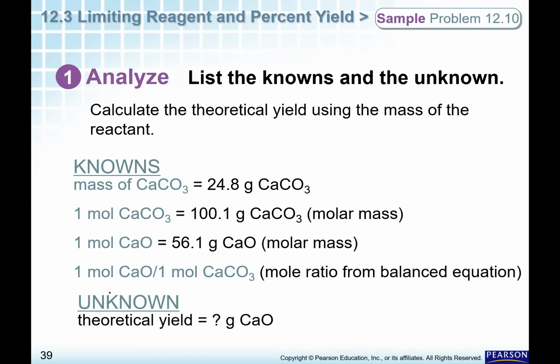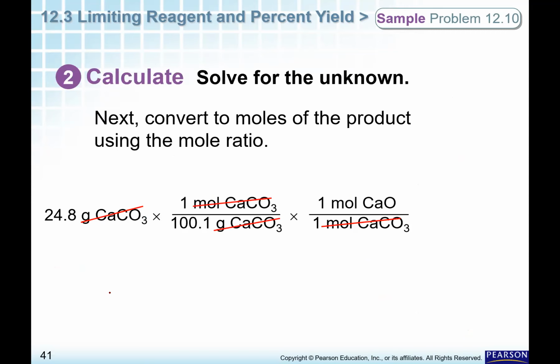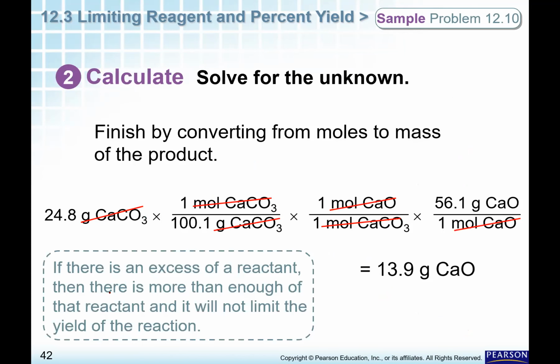Okay, so here we have 24.8 grams. This is the molar mass of calcium carbonate, and 56.1 is the calcium oxide molar mass. You do the first step, one over one, just to confirm that they are the same number of moles. And then times 56.1 grams per 1 mole, that is the molar mass of calcium oxide.